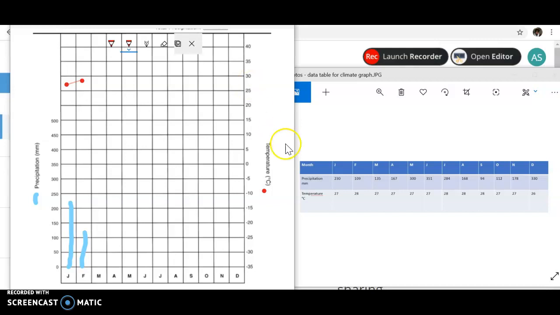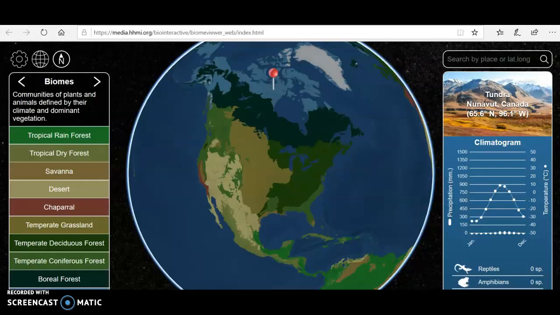Another thing I want you to take note of and look at today is the biome viewer that we saw last week. Well, you know, the week before the break. And it has all of the different climatograms or climatographs for the different biomes.